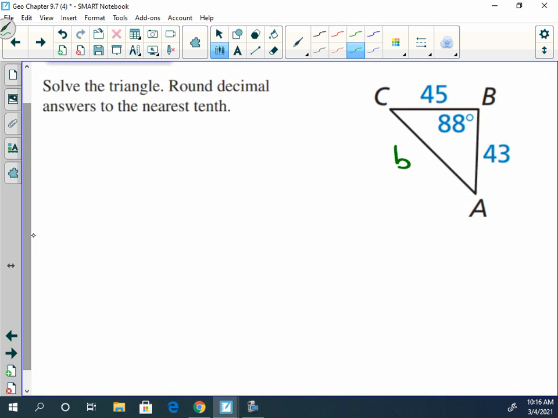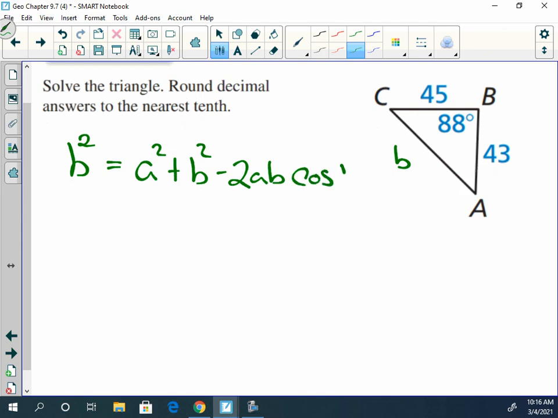And really, for any of these here, it's almost the missing side length squared is equal to the other two squared minus 2AB cosine of our angle. There's the one that we want to find and its angle, and then the others are plugged in the middle.